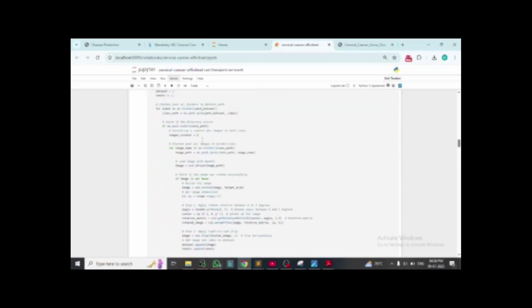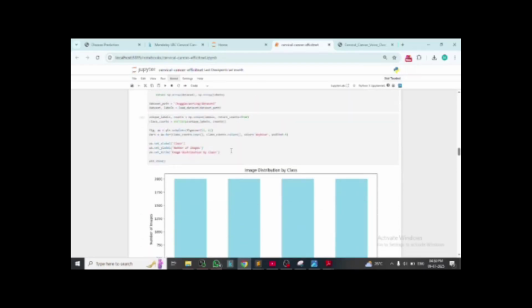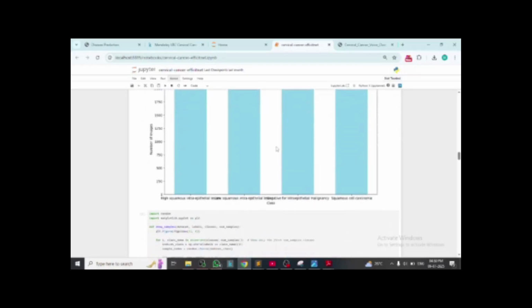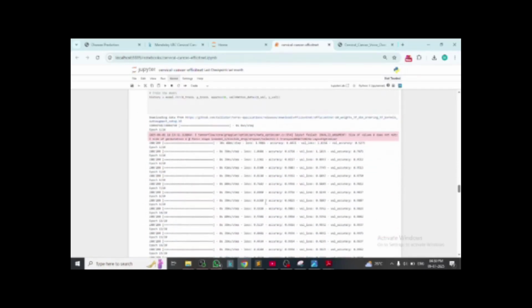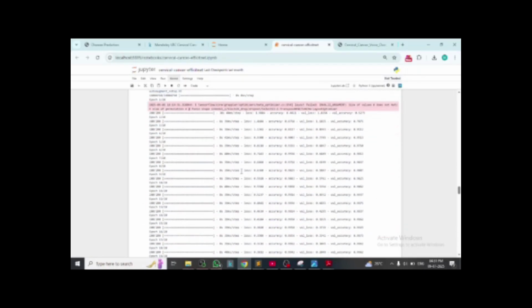Then preprocessing with subclasses, saving model and validation. See the image distribution by class. I also made subfolders for classification of the cervical cancer diseases. Okay, then we ran epochs to get the accuracy.